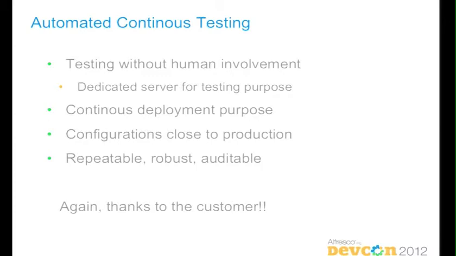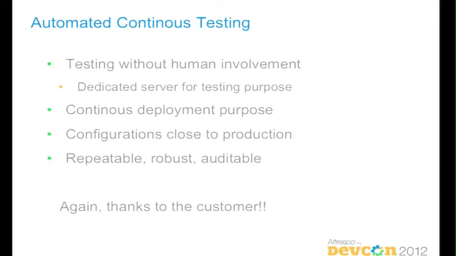We make this suite of tests repeatable because we can repeat the test again and again. Robust, because we are sure that if we repeat the test 2 times without code change, we are going to have the same output. And auditable, because we can track all the times that we have been doing the test, so we can see when something changed and all this stuff.